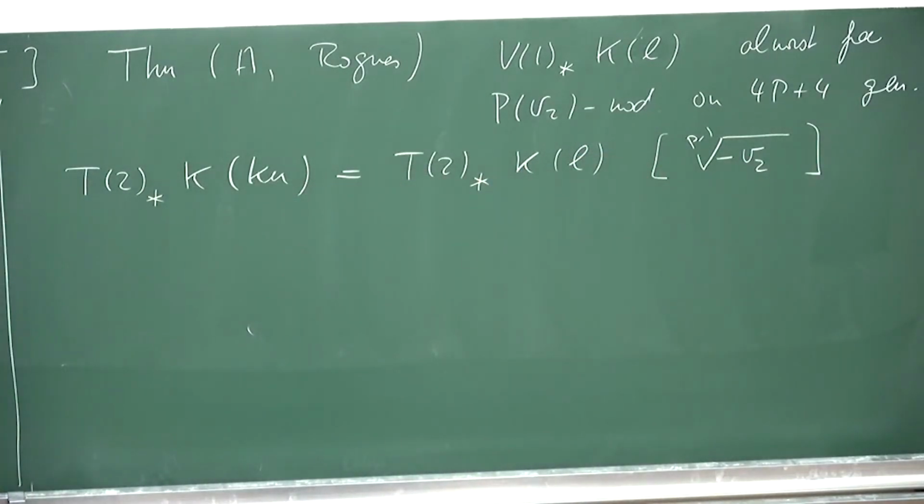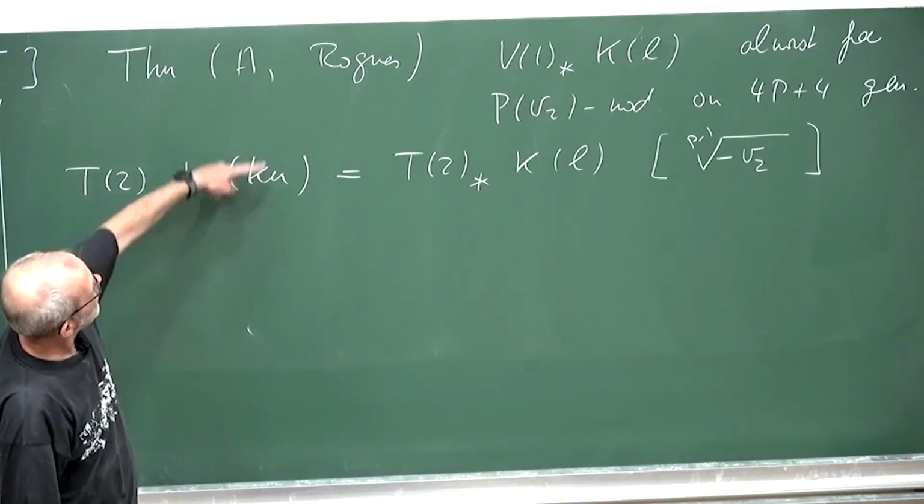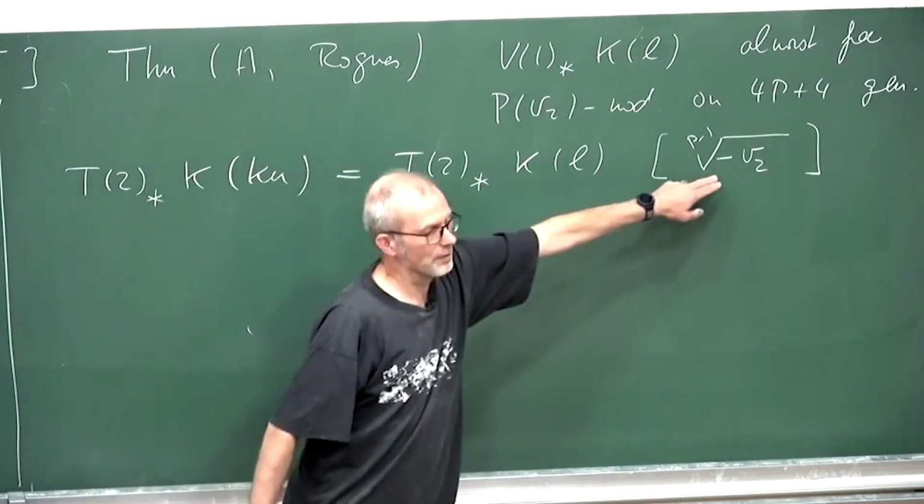So in some sense it's simpler than this formula, but of course we have to be careful that we have changed from the root of V1 to a root of minus V2.